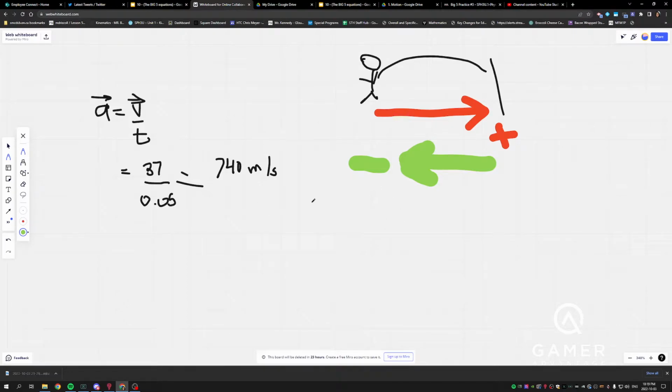So if I'm looking at my 740 meters per second, I can say that this is positive in the west direction, in the left direction, or, and this is the really important one, I'm going to say that this is actually negative in the right direction, which we also call east.